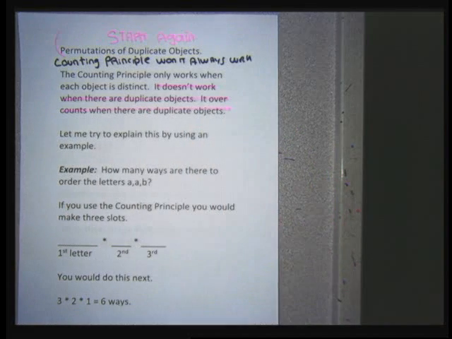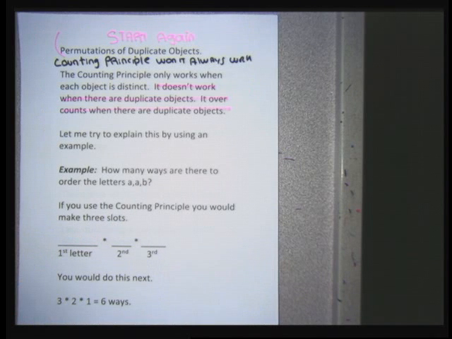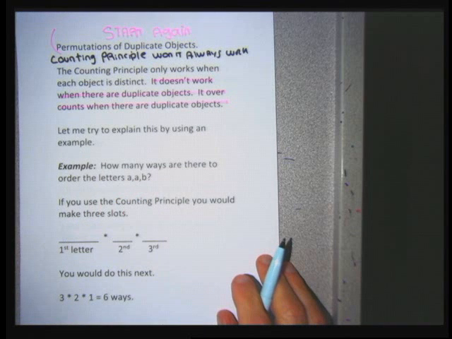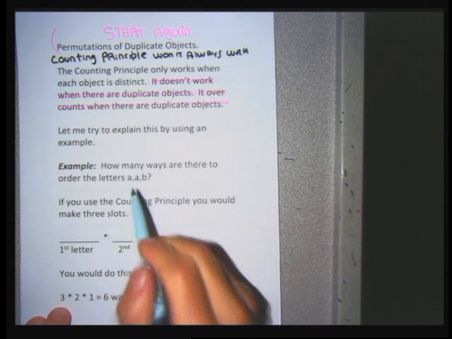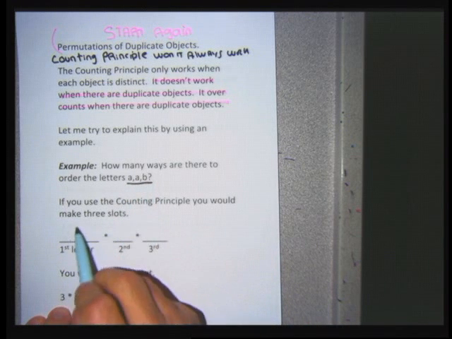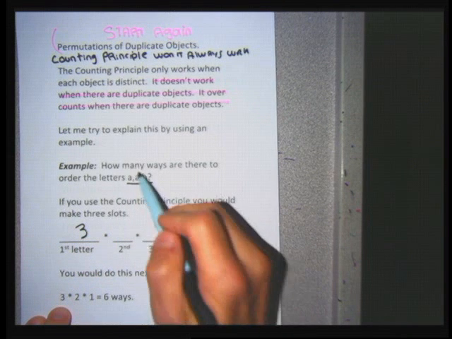So if I take the letters A, A, and B, and I want to order them, how many different ways are there to order the letters A, A, and B? And you might try to use the counting principle. How we've been using it, we'd say, well, there's 3 letters to choose from for the first letter, and I don't care which of the 3 letters I pick.